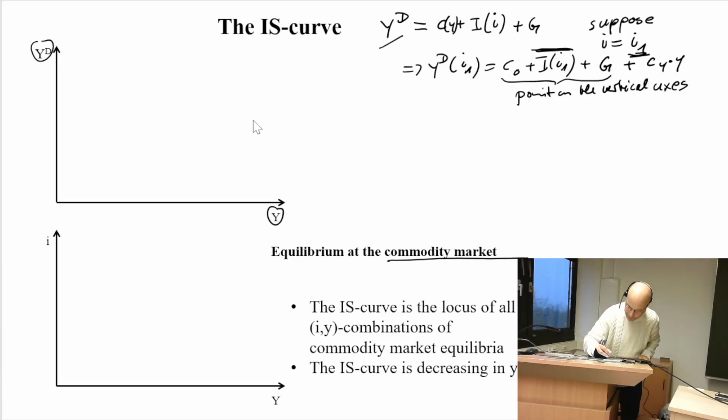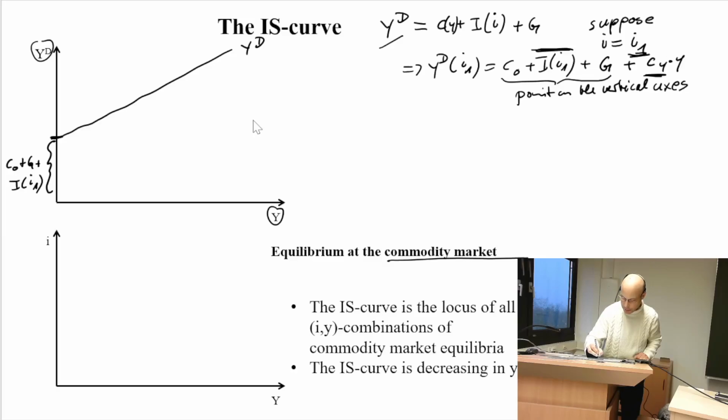So still we are starting somewhere here, and this is now C0 plus G plus I of I1. And then with our marginal propensity to consume, we are increasing less than 1.